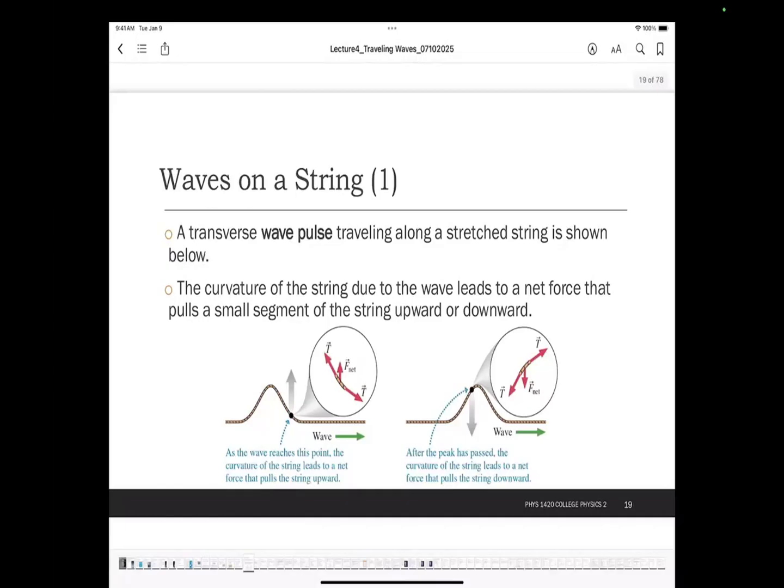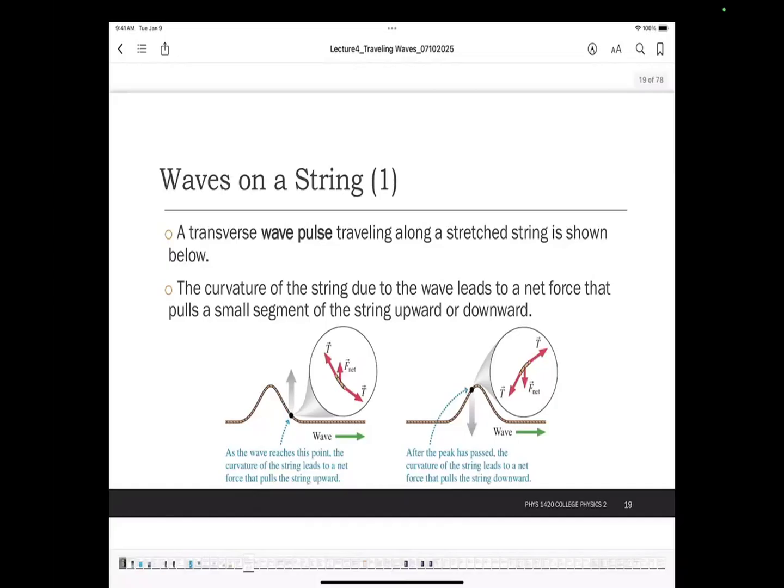A transverse wave pulse traveling along a string is shown here. The curvature of the string due to the wave leads to a net force that pulls a small segment of the string upward or downward.